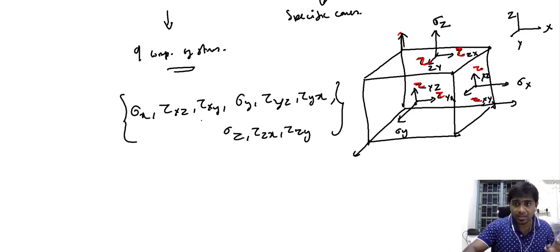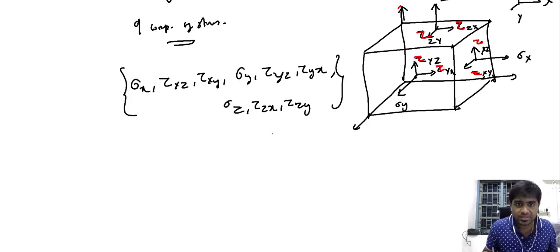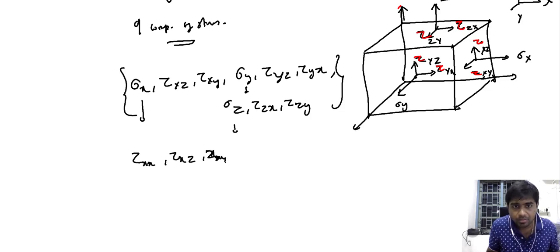So when you give such a description to the stress, all possible combinations of the indices and all possible values the stress can assume, these 9 different components can be written in this manner. Now it is possible for us to write these normal stresses as xx and rewrite the whole set of values these stresses can assume.